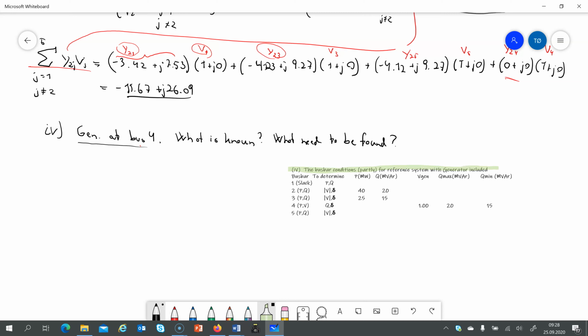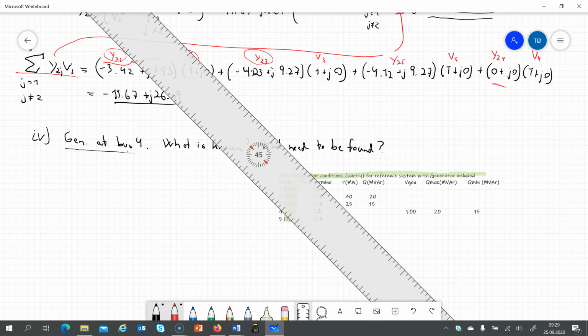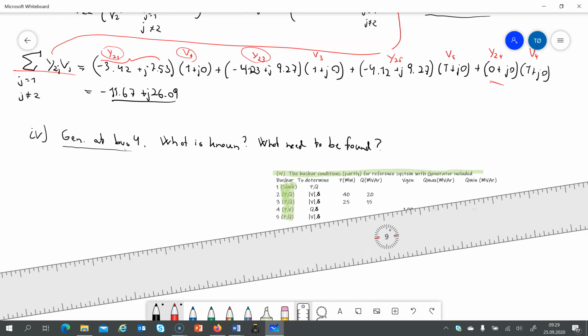And here we have the bus bar definitions. You learned about that before. So bus 1 was slack. The others were actually load buses, but now we have a PV bus here.